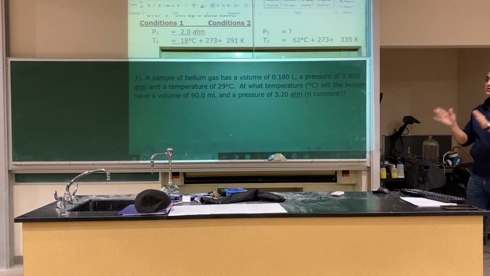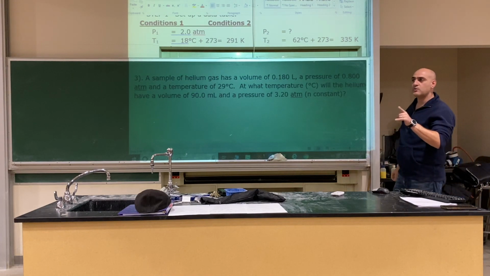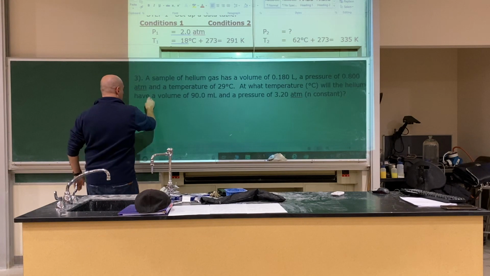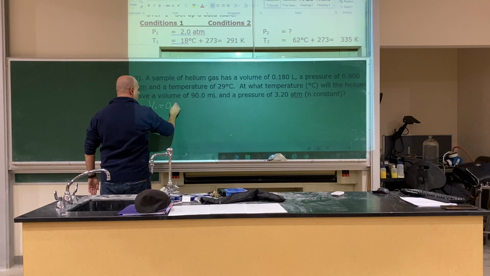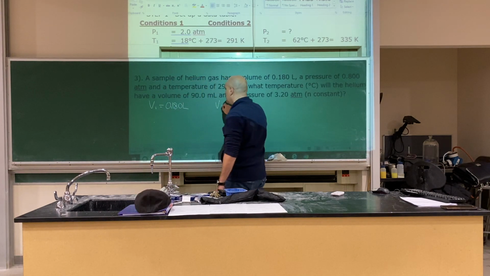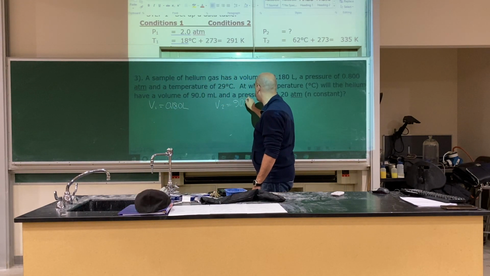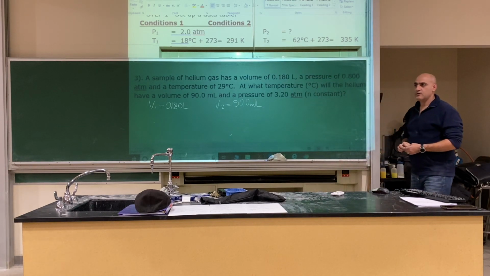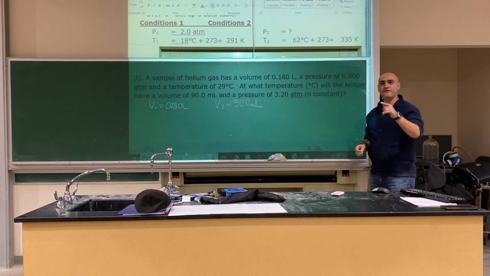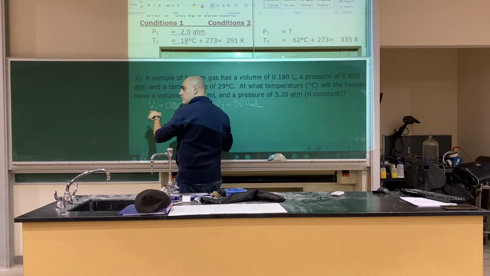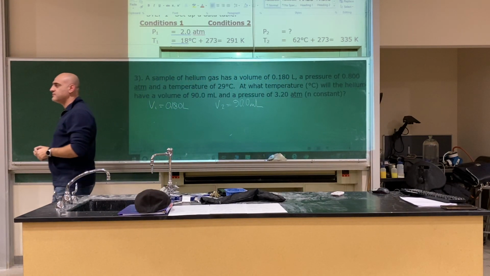So there is 1 and 2 conditions. Start with that step. So these guys are giving me a volume of 0.180 liters, and I have a volume that's 90.0 milliliters. Because there are two different values given for the volume, I have 1 and 2 condition.